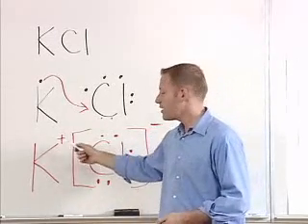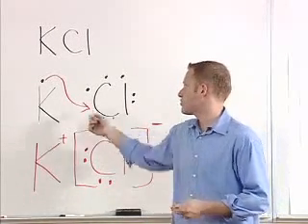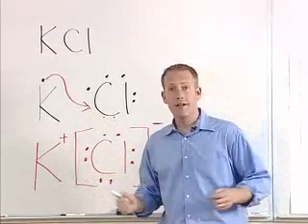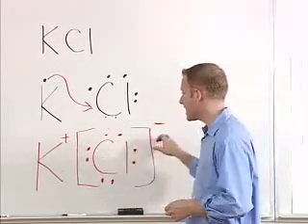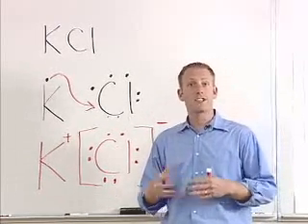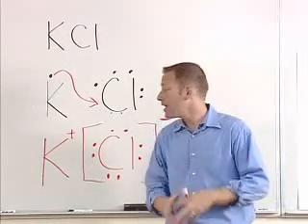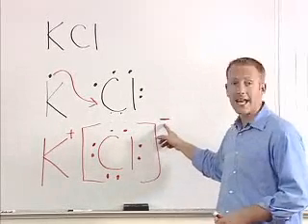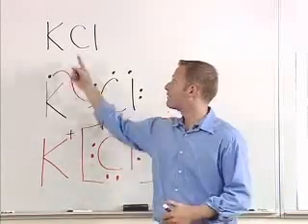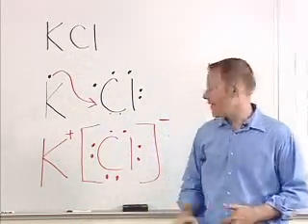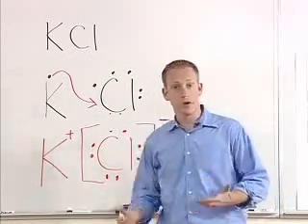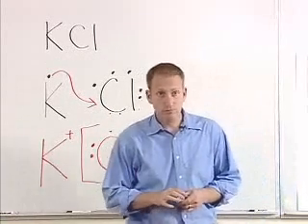And you may be thinking, well, this one transferred an electron, so why does it have to bond? Well, now you have a positive charge and a negative charge next to each other. That's called an electrostatic force when a positive and negative bond together. And that's what happens. The positive and the negative bond together, and now you have potassium chloride. And this is how you designate it. Notice there's a transfer of electrons.